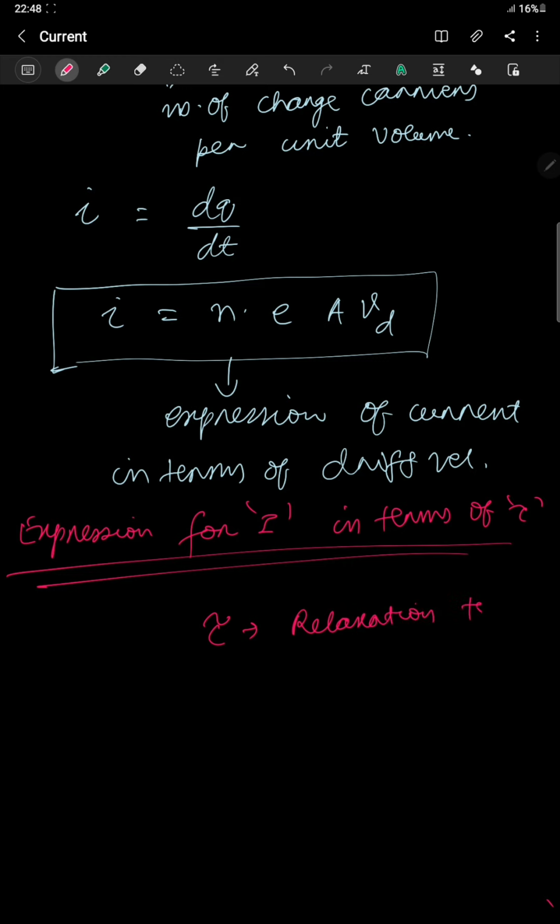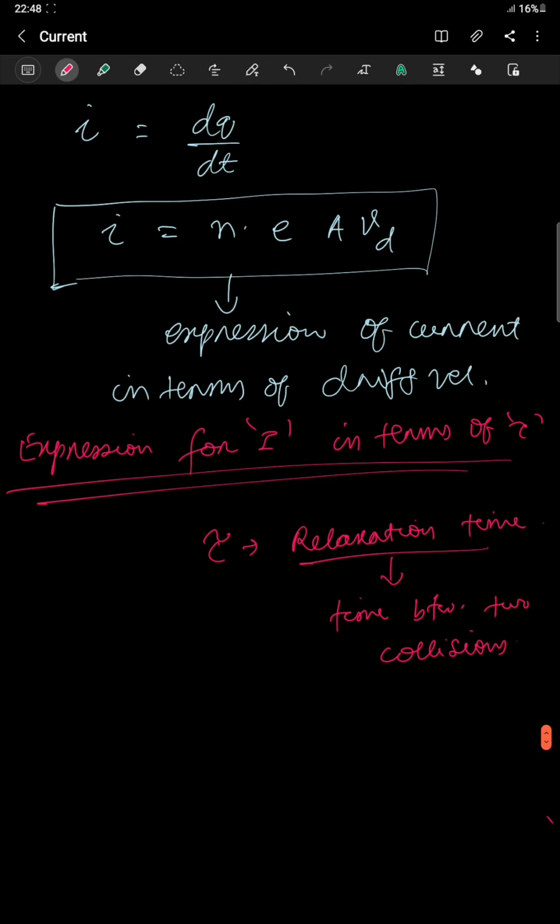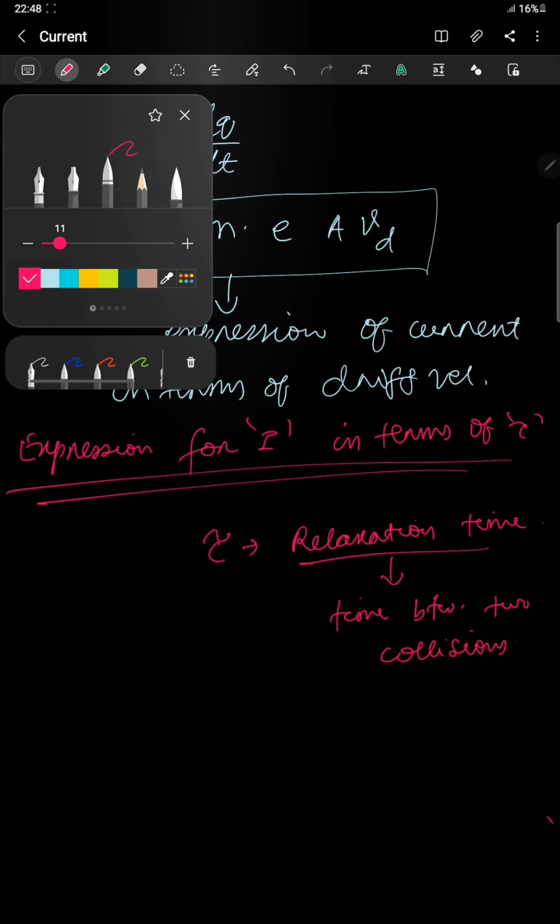Relaxation time is the time between two collisions, because once the electrons are moving in a zigzag manner, they will definitely collide. The time between two collisions is your tau. So we have to find an expression for that.